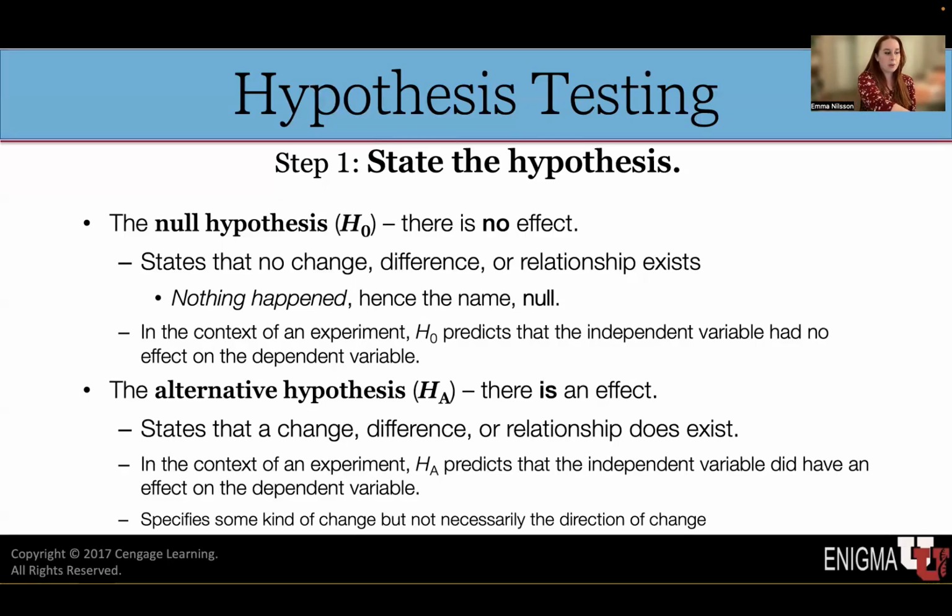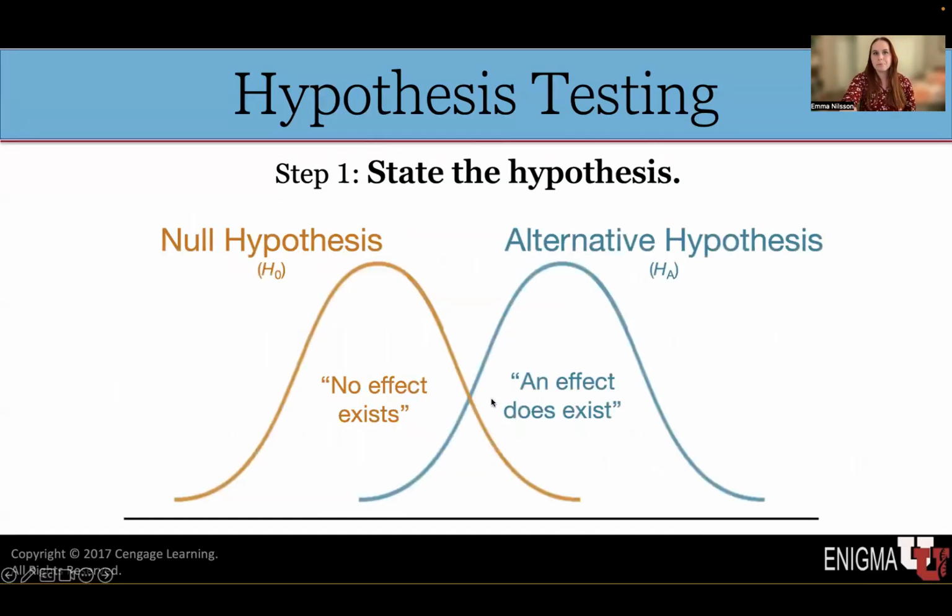There are going to be some circumstances in which it's appropriate for the alternative hypothesis to differentiate a direction, but not in every situation. So we'll just keep that in mind. This is just a chart that shows us the overlap. We'll add more to this later as we learn more about hypothesis testing, but generally null hypothesis is shown here, no effect exists, alternative hypothesis that an effect does exist.